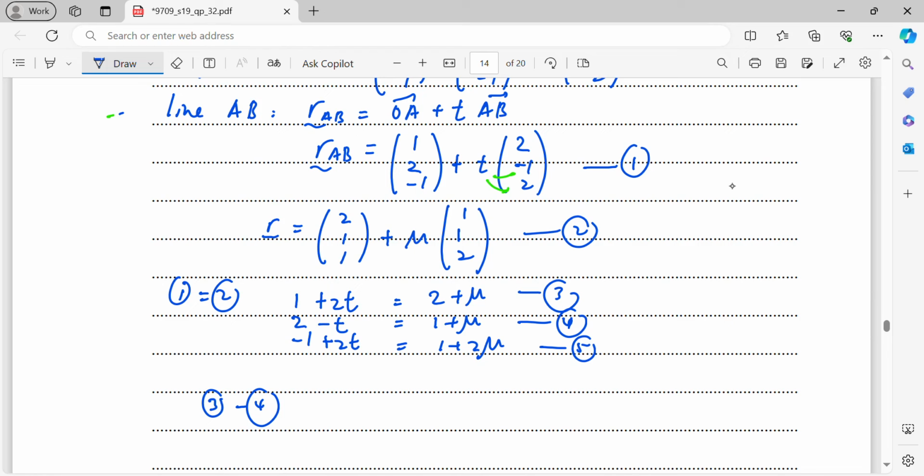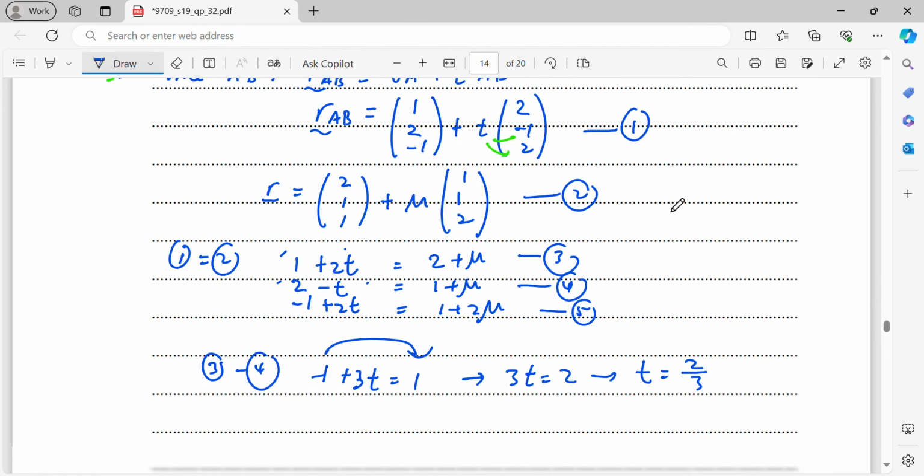Okay, so left hand side 1 minus 2, I get minus 1. Then 2t minus t, it will be plus 3t. Then for the right hand side, 2 minus 1 is 1. The mu will be 0. So then from here, 3t equals to 2. Therefore, my t is 2 over 3.